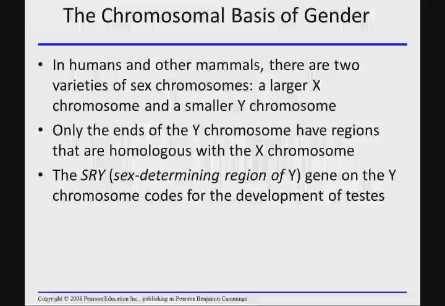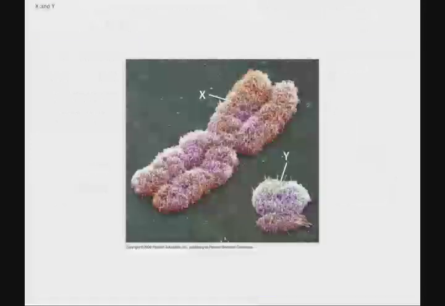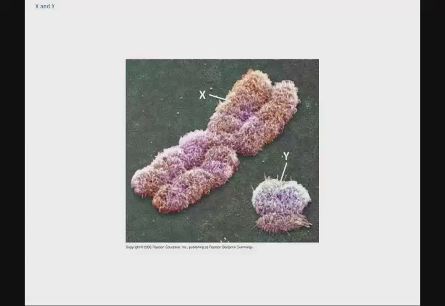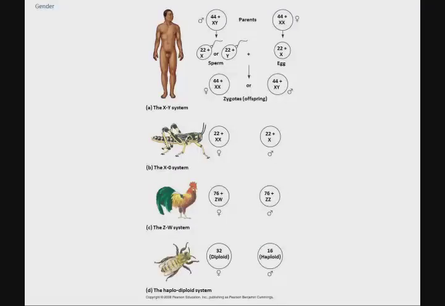There is a sex-determining region on the Y chromosome that codes for the development of testes, because the default for development in humans is female. So if you don't have a Y chromosome, you automatically go to the female developmental pathway. You can see the Y chromosome is not very big. There's not a whole lot going on with the Y chromosome. Its main purpose is just to kick over the pathway to form the male gender.